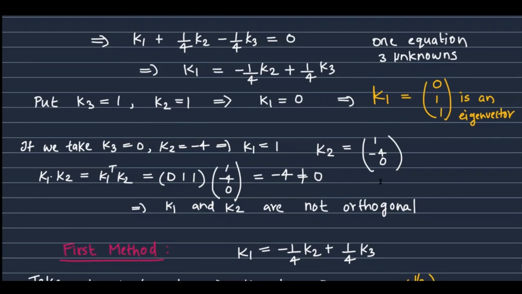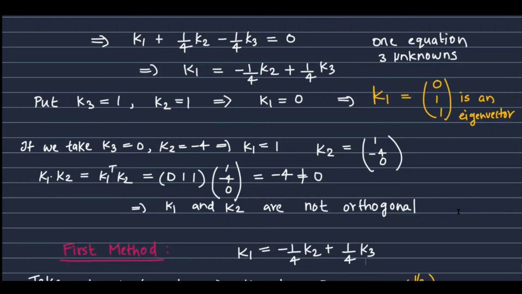Now we can see that these eigenvectors are not orthogonal because the eigenvalues are repeated. Only if the eigenvalues are distinct, the eigenvectors will be orthogonal. Here K1 and K2 are not orthogonal because K1 dot K2 is K1 transpose K2, which is 0 1 1 multiplied by 1 minus 4 0, and the inner product is minus 4. So K1 and K2 are not orthogonal.